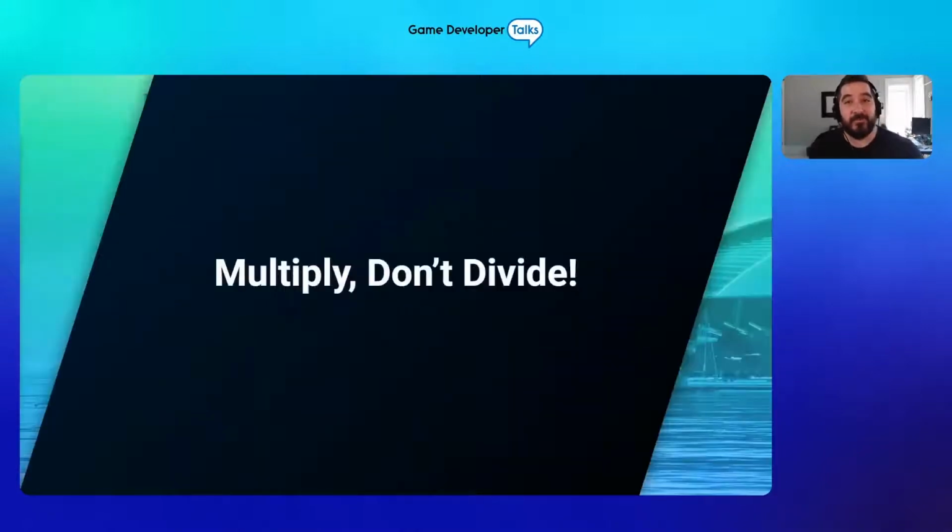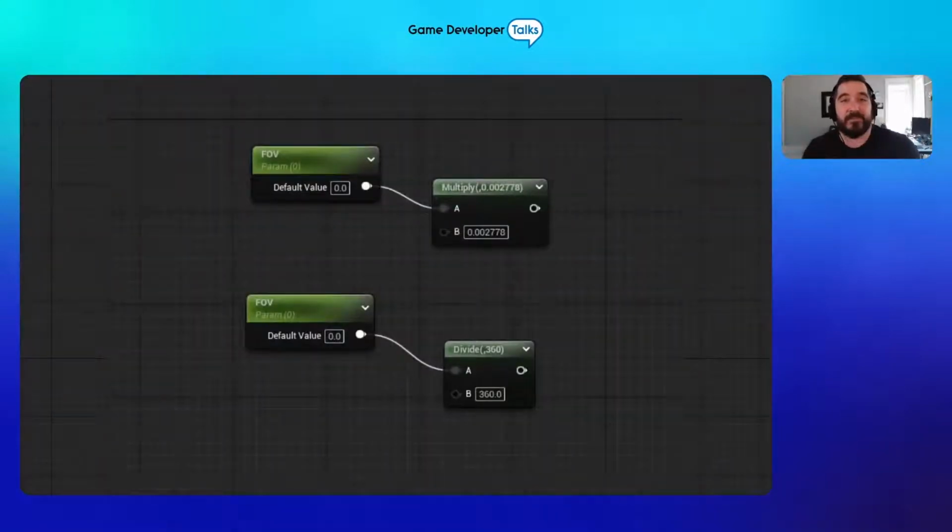And that leads us into the second myth, which is multiply, don't divide. I've always sort of understood that dividing in a material is a more expensive operation than multiplying, but I never really questioned that assumption. I'm guilty of this myself. I wrote a material that took a degrees input from a camera's FOV, and I needed to convert that to radians before doing any sort of trigonometry on it.